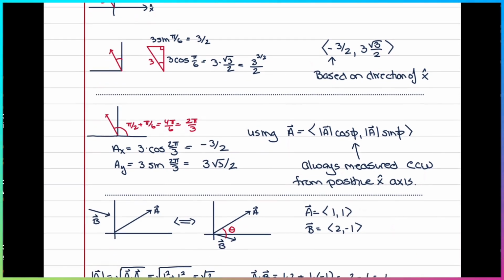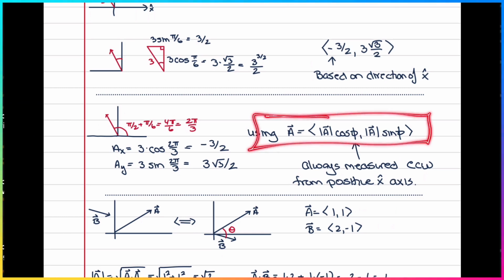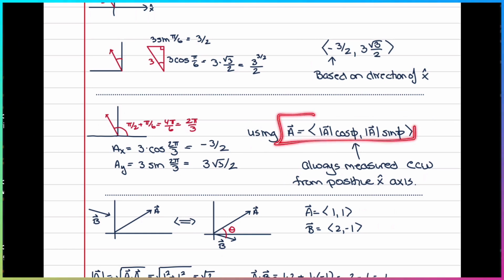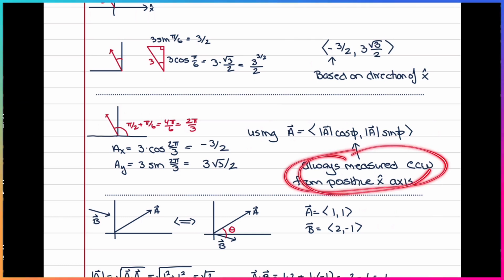The blind way to do it, which of course, if you use this correctly, will give you the right answer, is just to think of this as the general formula, that the vector A is its magnitude times cosine of some angle, and then the y component is A times the sine of some angle. But then you have to remember, if you want to use this definition, that this angle is always measured counterclockwise from the positive x-axis.